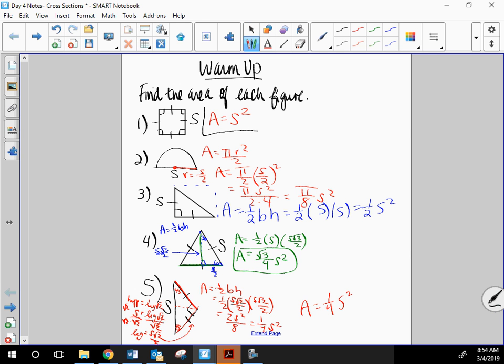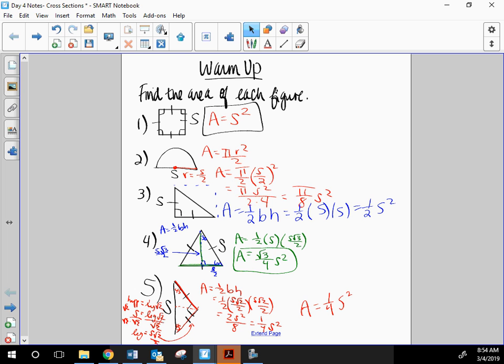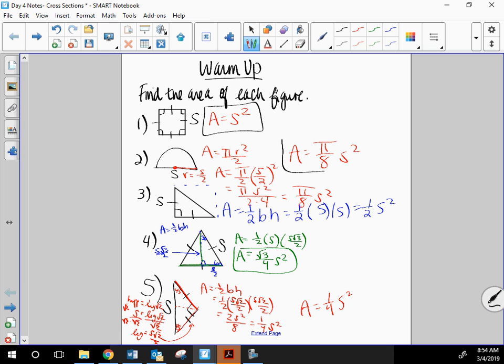The area of a square is based upon my side, which is s squared. The area of my semicircle is pi over 8 s squared. The area of my isosceles right triangle with my side being a leg is 1/2 s squared, or just half the square.